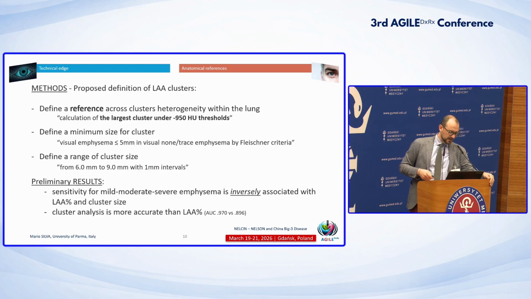So what are the results of this analysis? If you use cluster analysis across this range from 6 to 9 millimeters, you actually get an inverse association with the sensitivity. The larger the cluster, the lower the sensitivity in detecting at least mild, moderate or severe emphysema in these subjects.